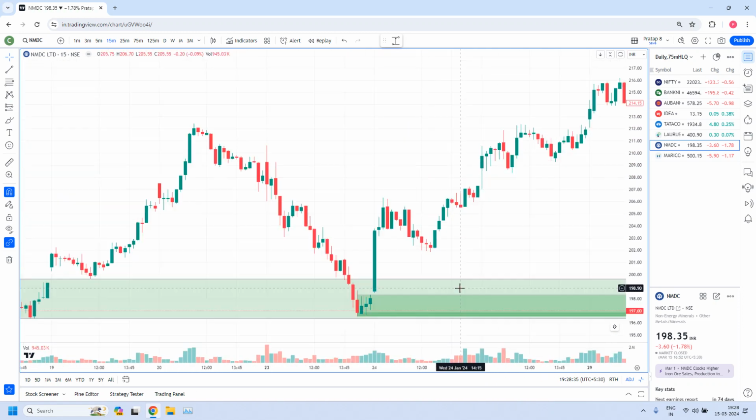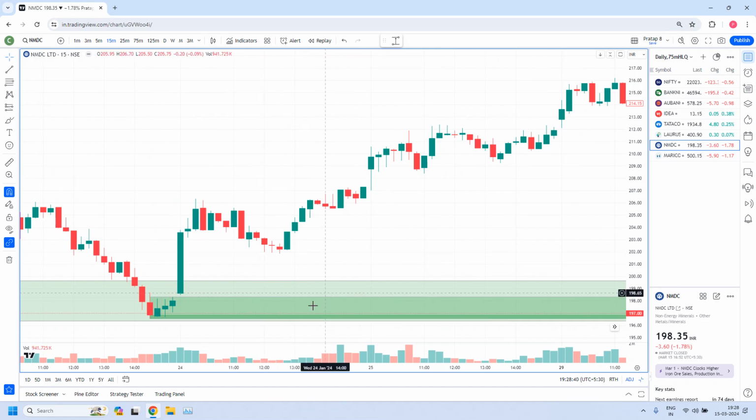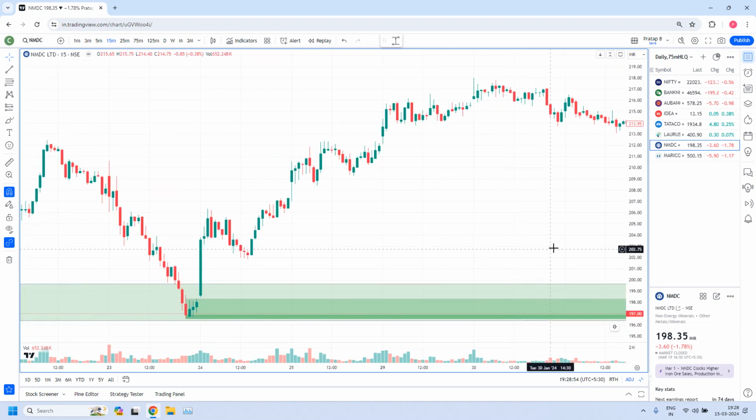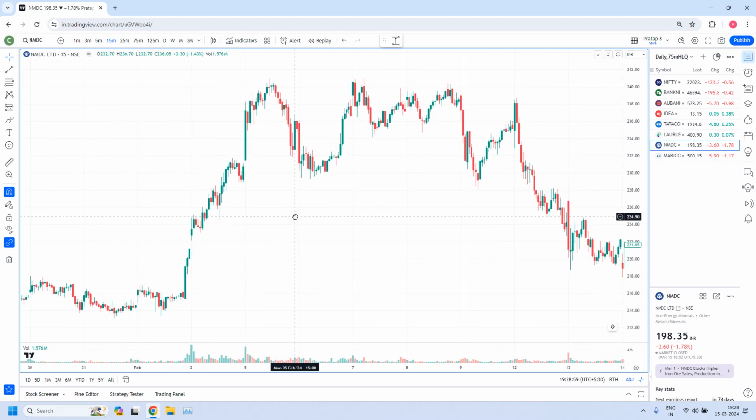We have a 15-minute zone. We have a drop candle, 3 base candles and a rally candle. Drop, base, rally. And in 15 minutes also, see, it is looking like an excellent zone. It's not yet tested. Maybe recently it is tested. The 15-minute zone is tested, but inside we have drawn the 5-minute zone.